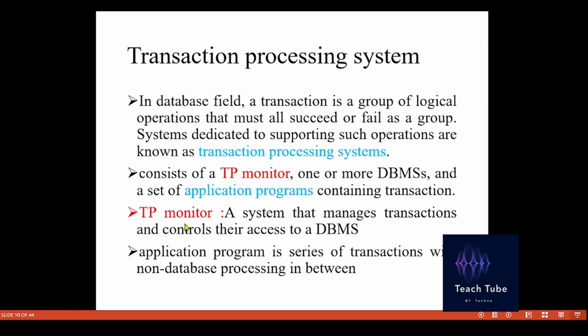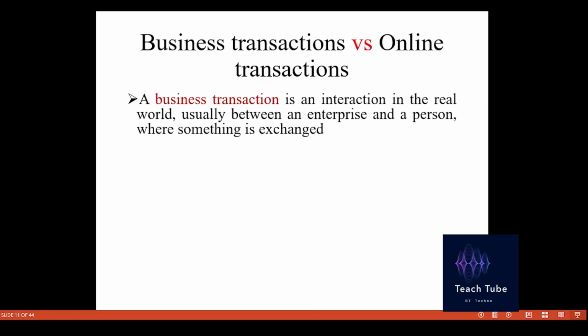A TP monitor, or transaction processing monitor, is a system that manages transactions. An application program is a series of transactions with non-database processing. Next, business transaction versus online transaction. A business transaction is a transaction in the real world, usually between enterprises or persons, where something is exchanged, or physical things can be exchanged.